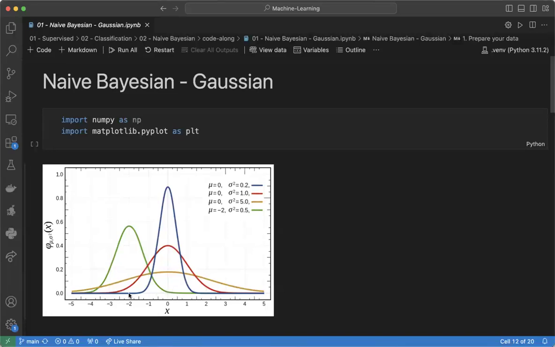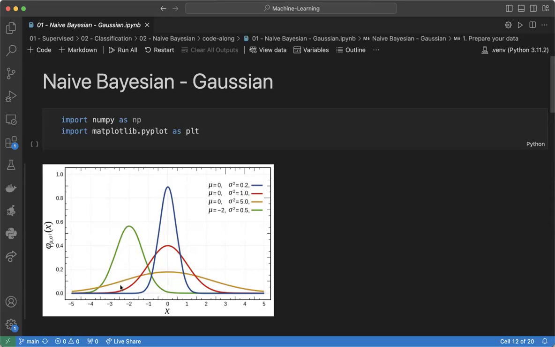For example, here we have the distributions of four classes, and X could be one feature. You can imagine this graph can be in 2 dimensions, in which it becomes an actual mountain, right? But here, to simplify, we have one feature, and based on that feature, you have the distribution of each class. For the green class, the mean of this feature X is mostly around, let's say, minus 2.5.